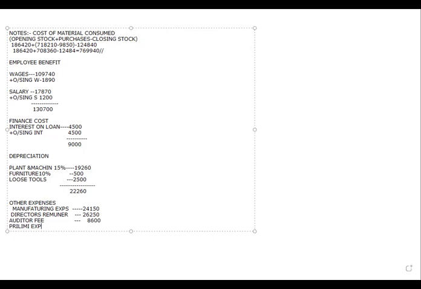Write off one third. So one third of 6,000 will be around 2,000. So that I'm going to take away. When I take away that one, I will get a total amount like this.